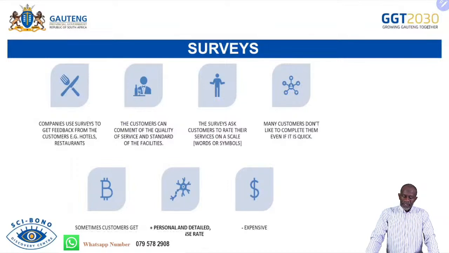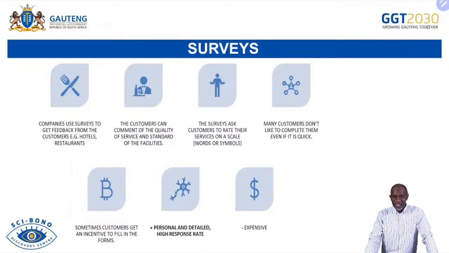The next one, the surveys ask customers to rate their service on a scale, for example, 1 to 10. Words can either be used or symbols. Symbols in your everyday use from your social media, you'd use emojis, you'll use signs to express your level of satisfaction.